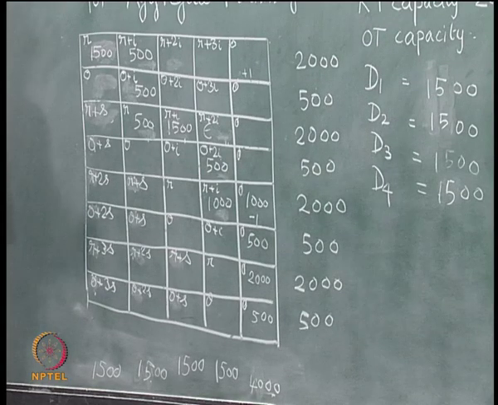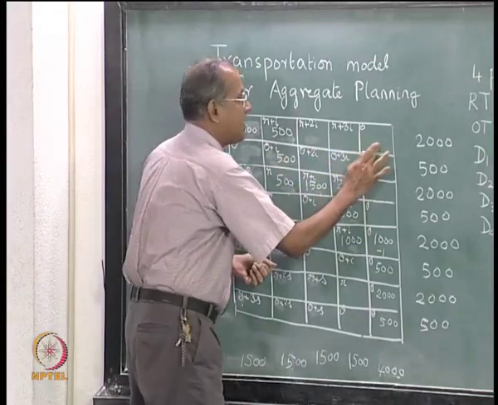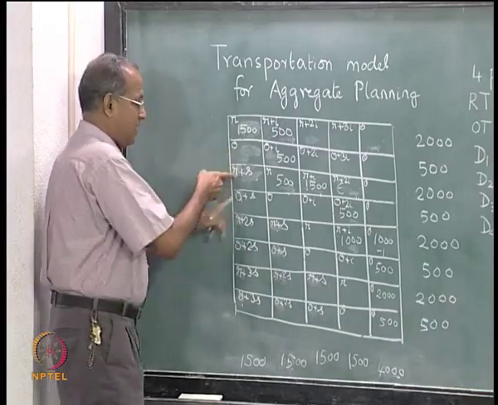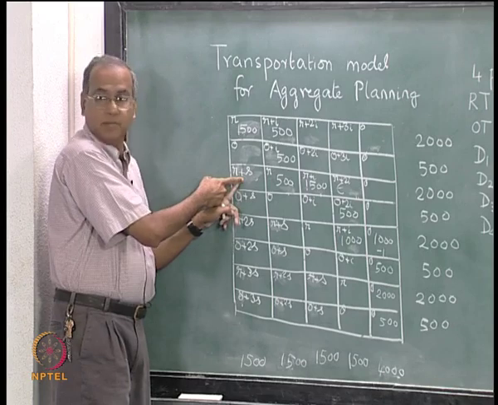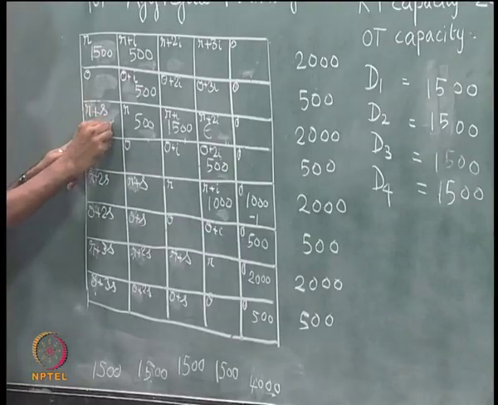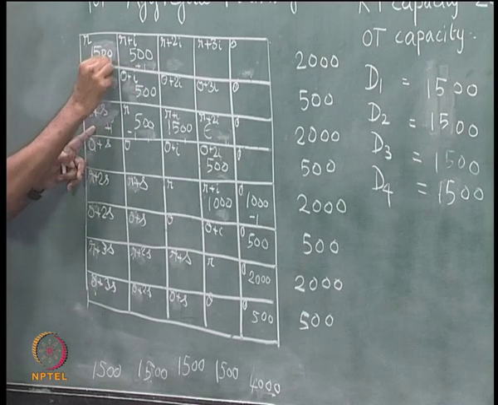So, the next question that we have to answer is: is the Bishop simplification still valid? For example, if I put a plus 1 here, what is going to happen? When I put a plus 1 here, it will be a plus 1, a minus 1, a plus 1, a minus 1.